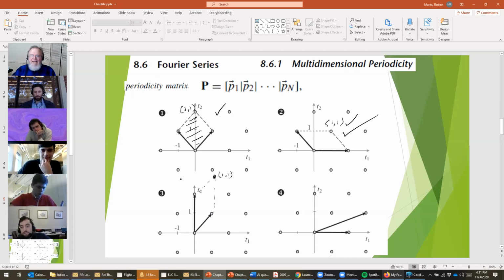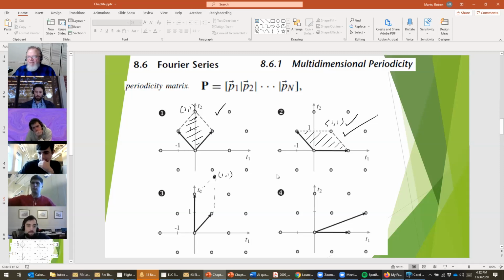Think of this as a tile, okay? You have this kind of diamond-shaped tile that you're tiling your bathroom floor with. And you replicate this all over the place to tile your floor. You can also think of this as a tile that you use to tile your floor. Wouldn't you expect that the size of this tile would be the same as the size of this tile?